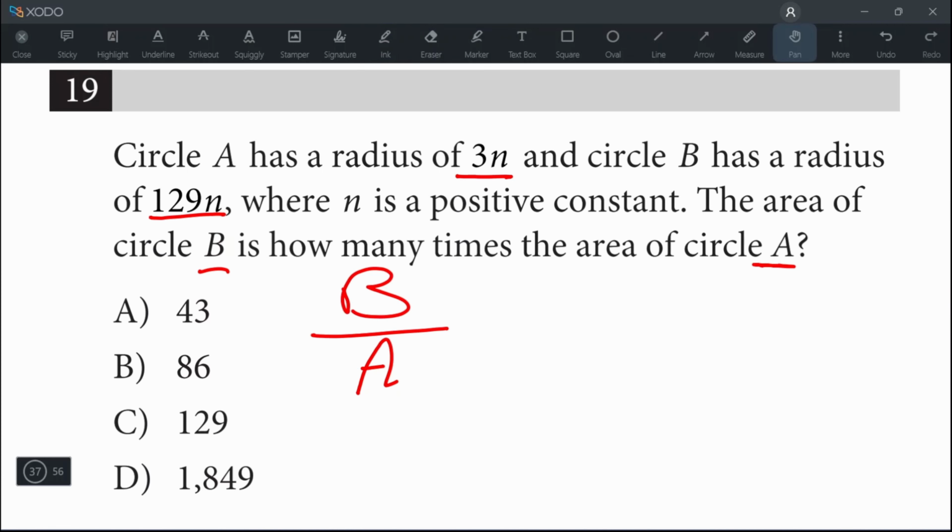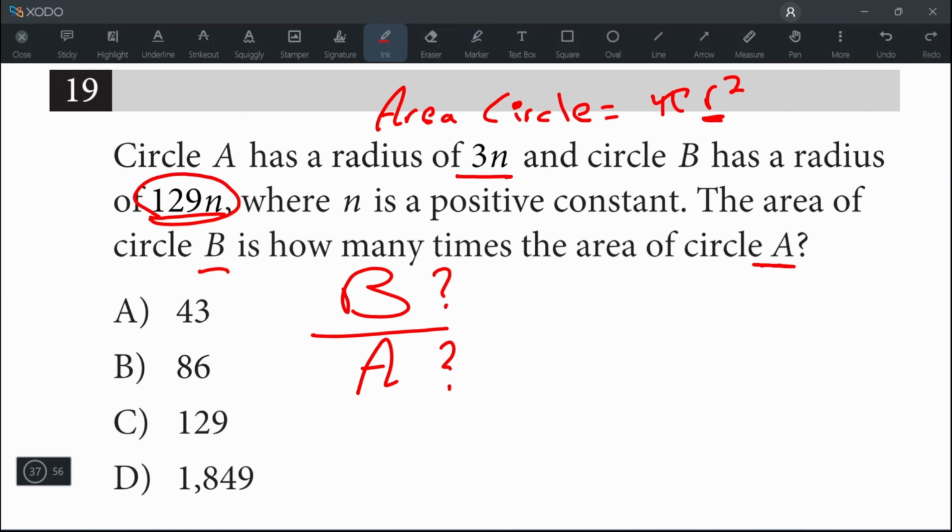But what is the area of B and A? The area of any circle is equal to pi r squared, and r is the radius. Here we know that the radius of circle B is equal to 129n.